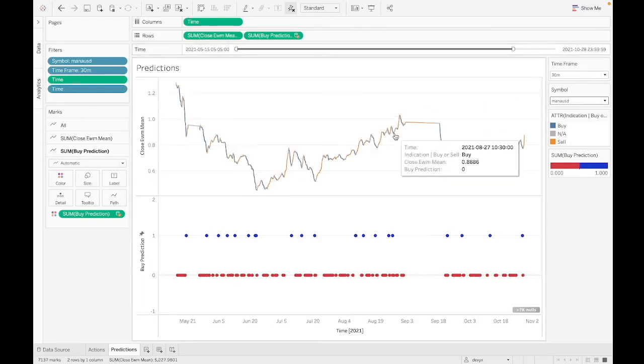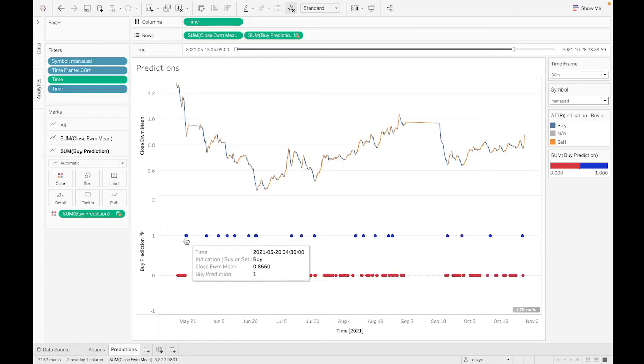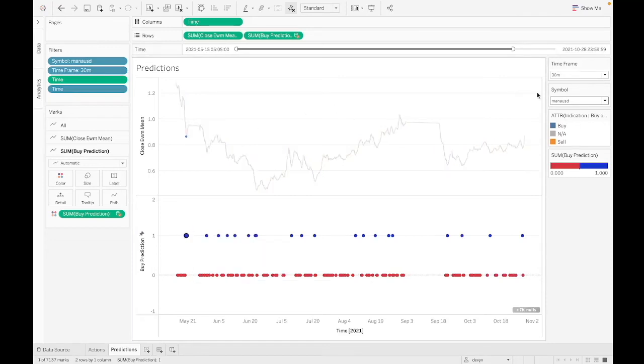I care about looking at how the bot is making decisions on this data. Again, this one would have been trained on data that is not the Mana USD, or Mana, depending on how many board games you play. But we can see that we have a dip here that it bought. Nice. My data collection process kind of collapsed for a little time period here, but I'm pretty sure that this was a little spike up.